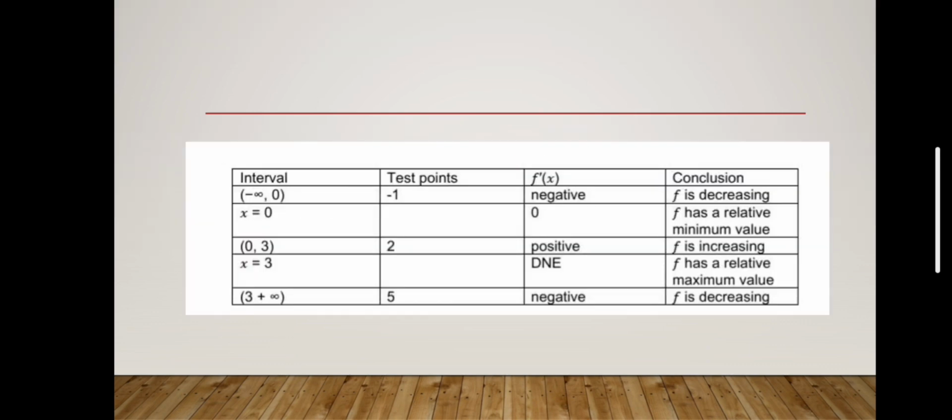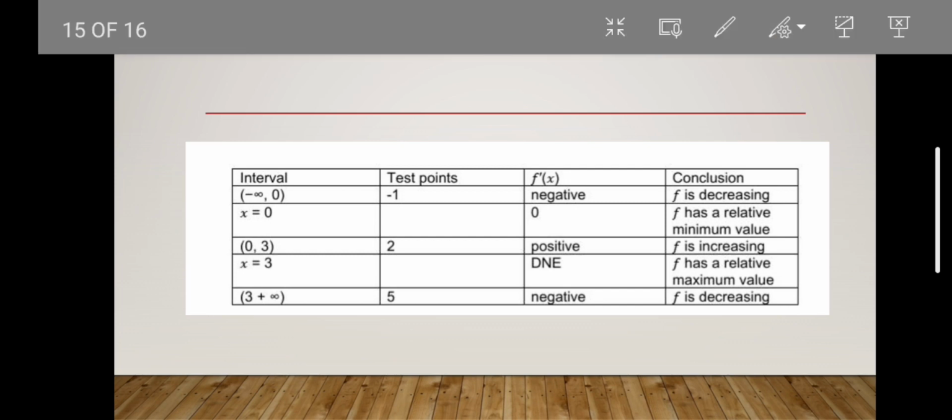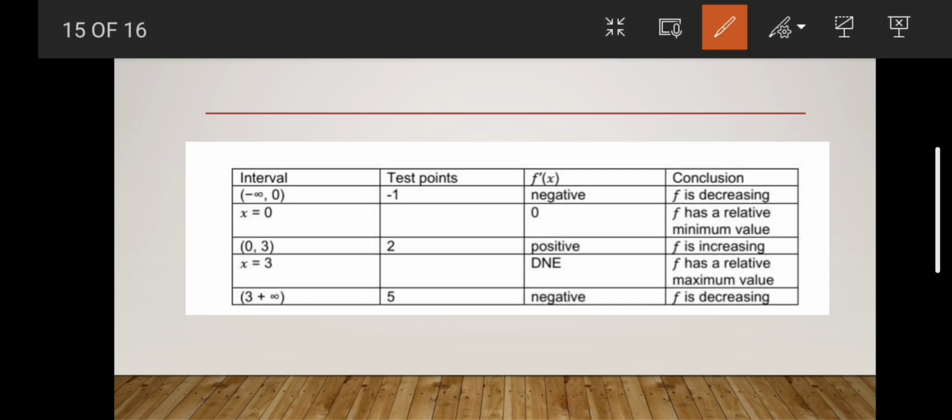So the next thing to do is we need to determine the intervals. We need to write a number line, and we have here 0, and this will be 3, with negative infinity and positive infinity. So these are our intervals: negative infinity to 0, 0 to 3, and 3 to positive infinity.